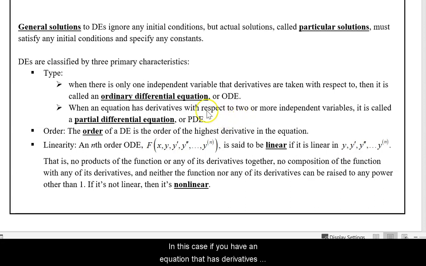In this case, if you have an equation that has derivatives in it with respect to two or more independent variables, in other words, you have a derivative with respect to x and a derivative with respect to, say, y in the same differential equation, then we would call that a partial differential equation, or a PDE.